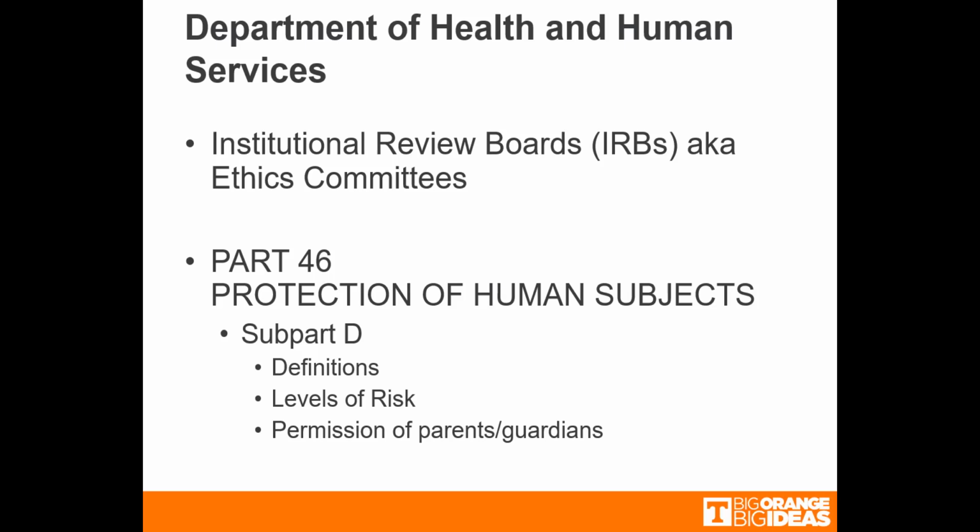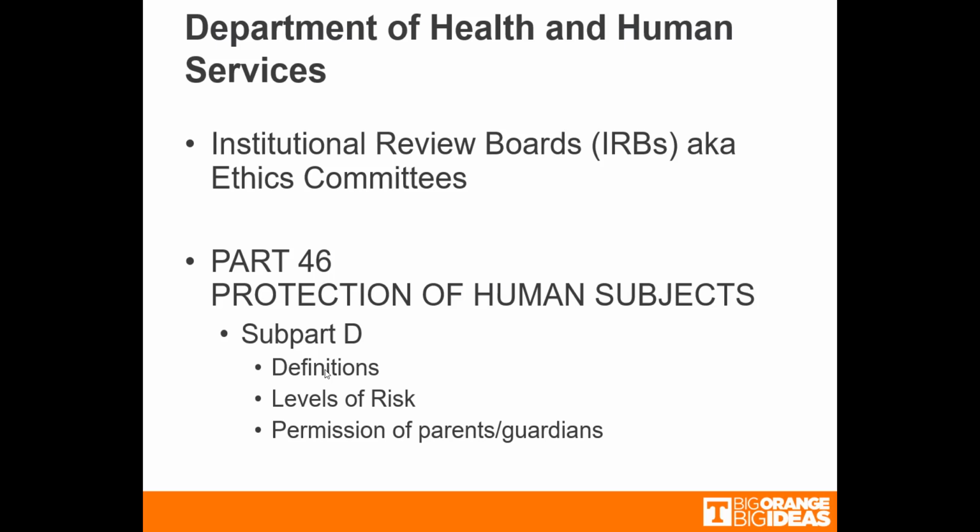In terms of protection of human subjects, there are lots of definitions in that article. They talk about children. Children, through this article, are typically defined as anyone under the age of consent or 18 years of age, so anyone who's not considered a legal adult.